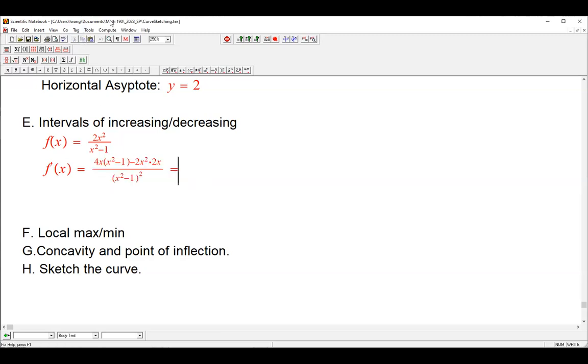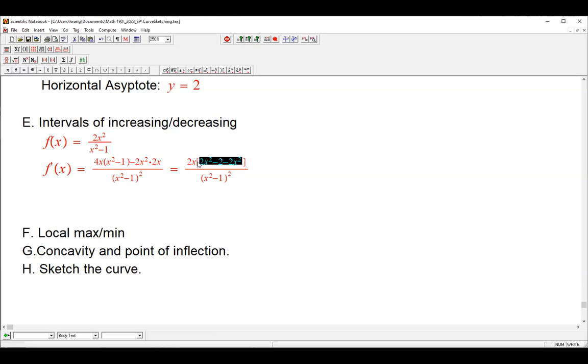On my next step, I can simplify and bring out the 2x. I'll have 2 left, so 2x is out. Inside the parentheses, 2 times x squared minus 2, so we have 2x squared minus 2.